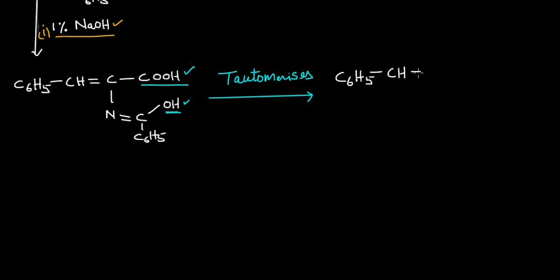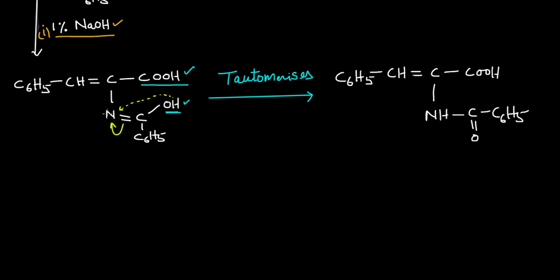C6H5CH double bond COH, and due to tetramerization this will convert into NHC double bond O C6H5, because due to tetramerization this hydrogen will go to this nitrogen atom, and the electrons, this pi bond will break up like this.